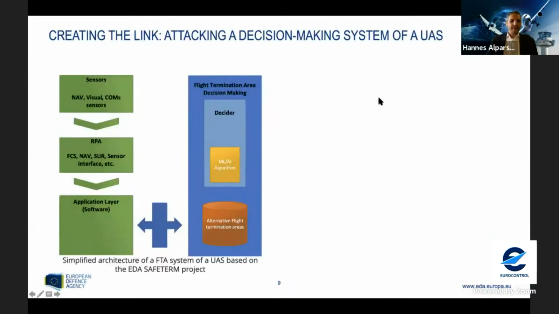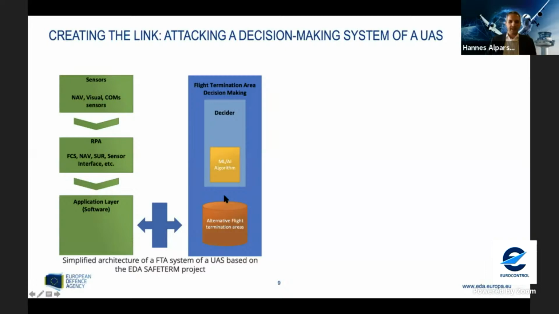Now, trying to link these things together, deep faking and attacking an AI system, I took one of our projects we have in EDA, called SafeTerm. It has the objective to identify flight termination areas in case of multiple system failure for an unmanned aircraft system.